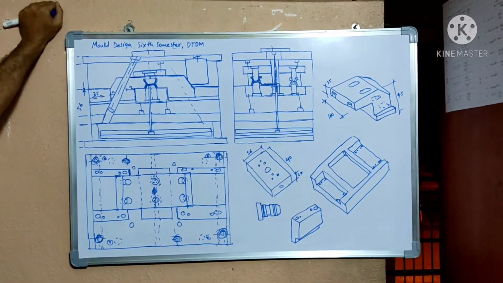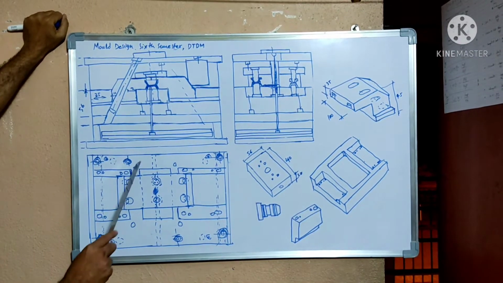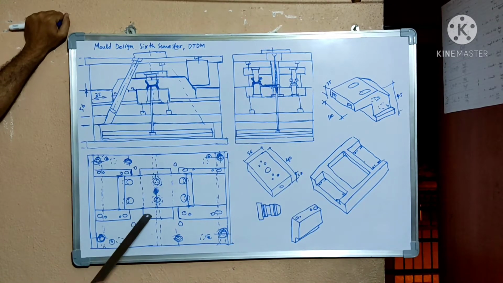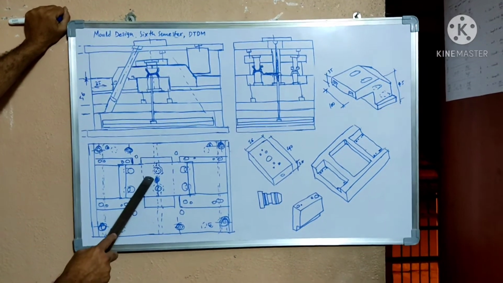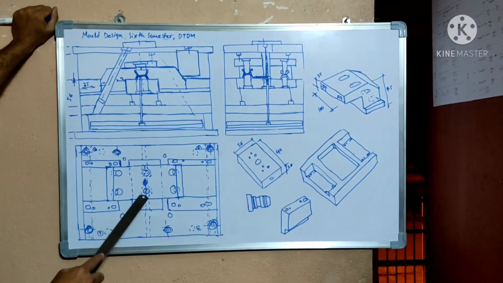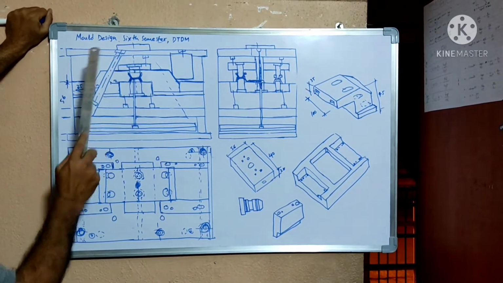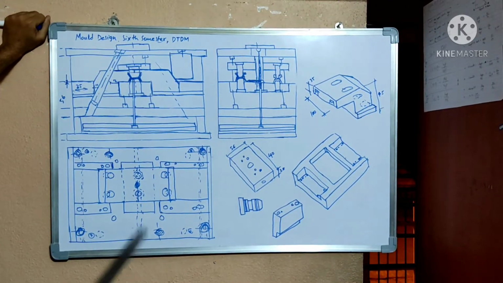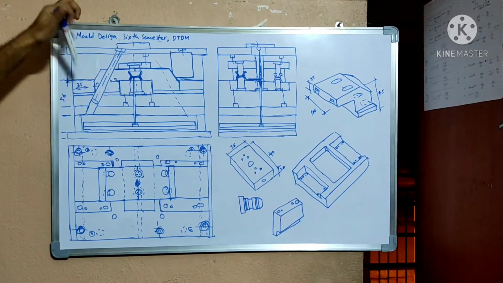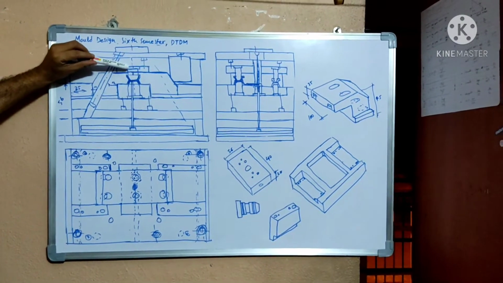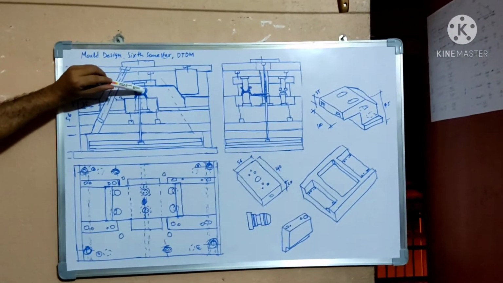The insert is made up of HDS, and with reference to the core side insert, the same insert is also used for the cavity side insert, where you have to use the local insert for getting the internal diameter of the component.